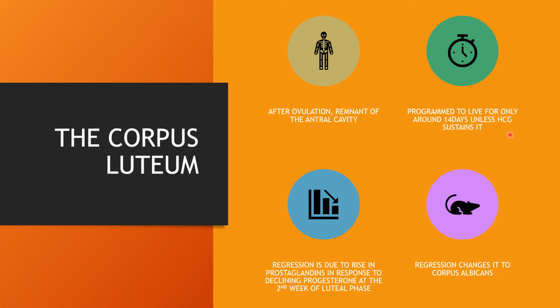It means there will be fertilization. If there's no fertilization, regression is due to a rise in your prostaglandin in response to declining progesterone at the second week of the luteal phase. Then regression later on changes it to corpus albicans. So the end product of an unfertilized corpus luteum is your corpus albicans.